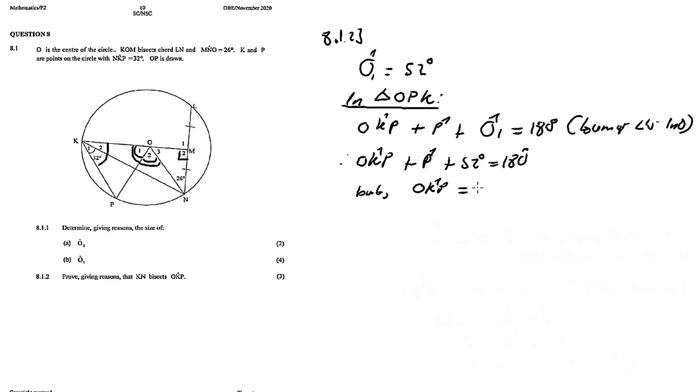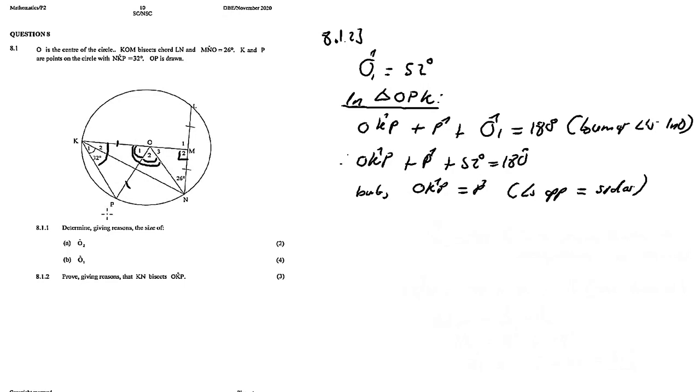But OKP equals P. Why is that so? This is an isosceles triangle. This side equals this side, because these are radii, and radii are equal. In an isosceles triangle, angles opposite equal sides are equal.